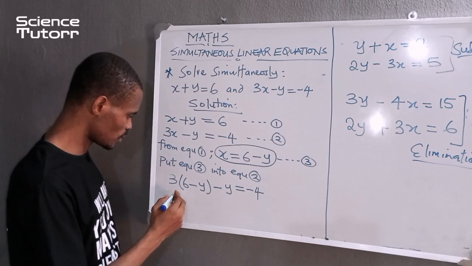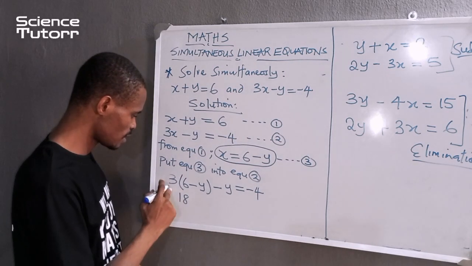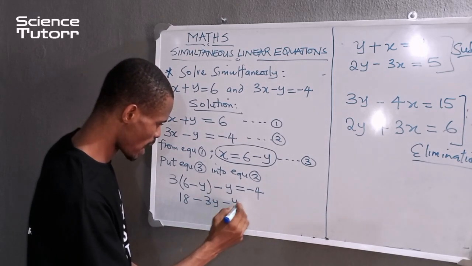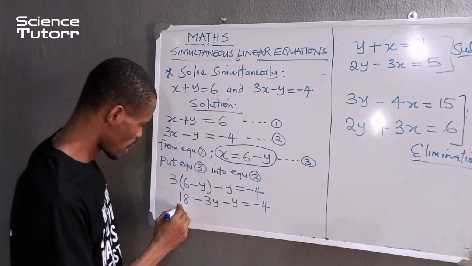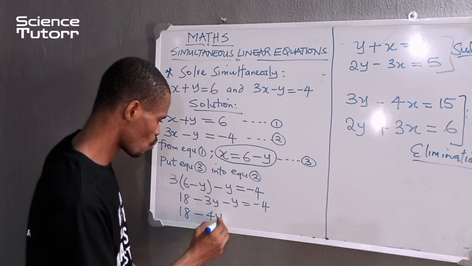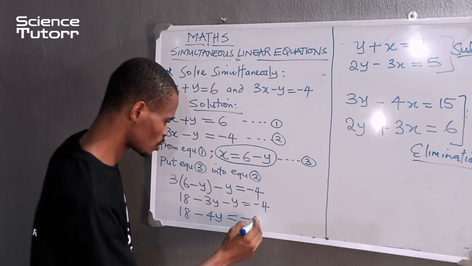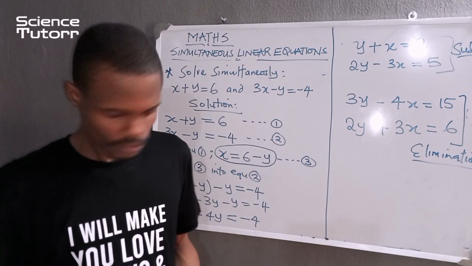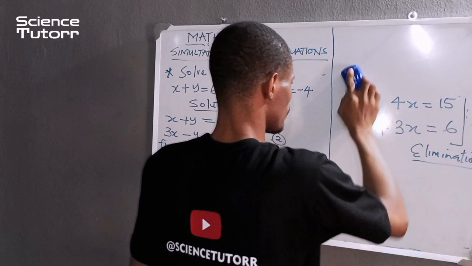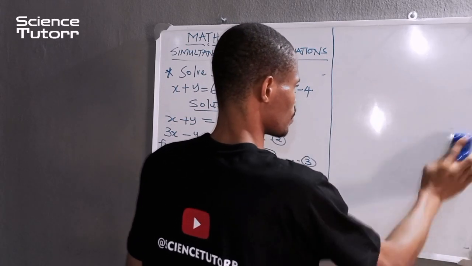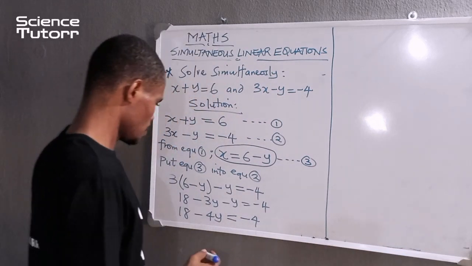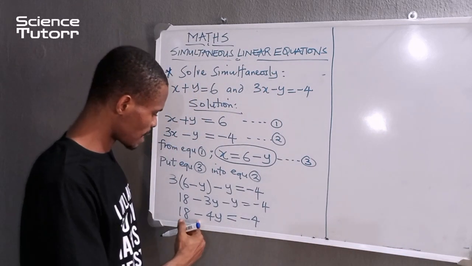Going to expand. 3 times 6, we have 18. 3 times minus y is minus 3y. I have minus y equals minus 4. So I have 18 minus 3y minus y gives minus 4y, which is equal to minus 4. So let's collect like terms from here.